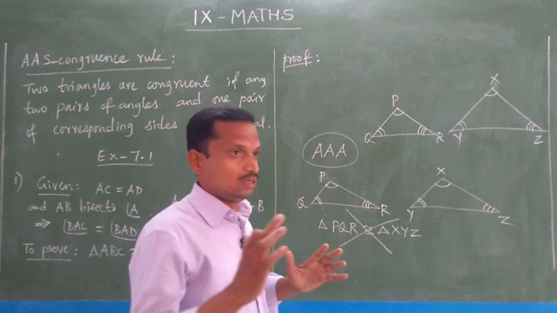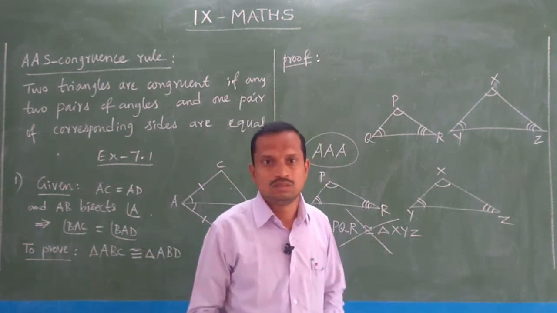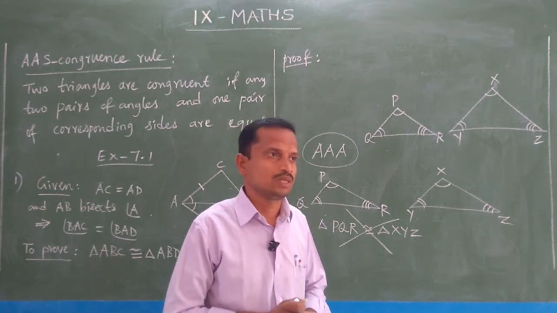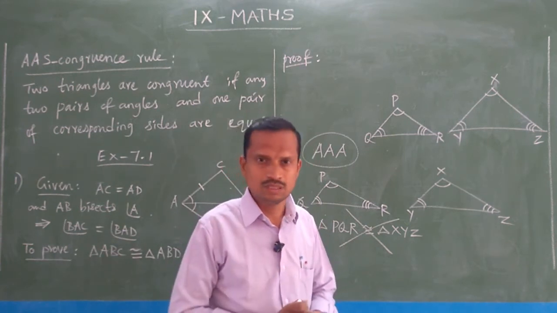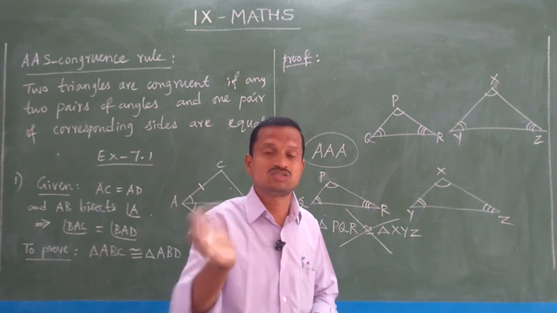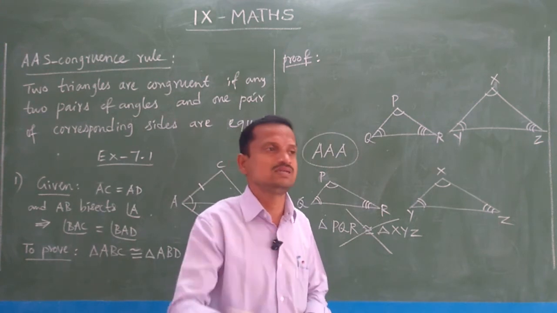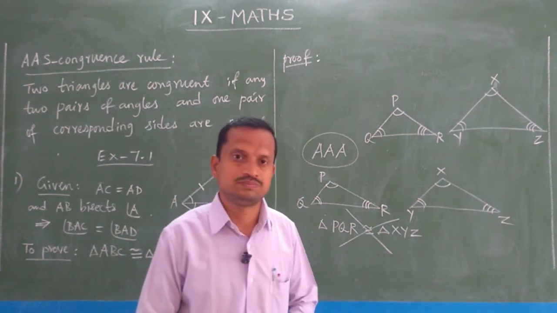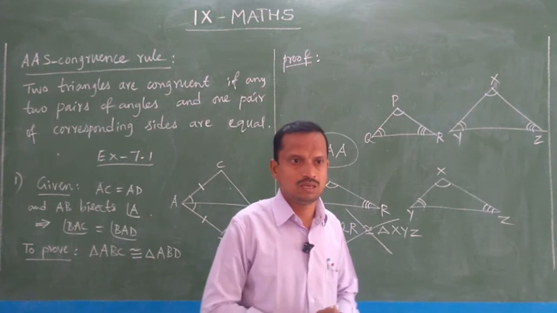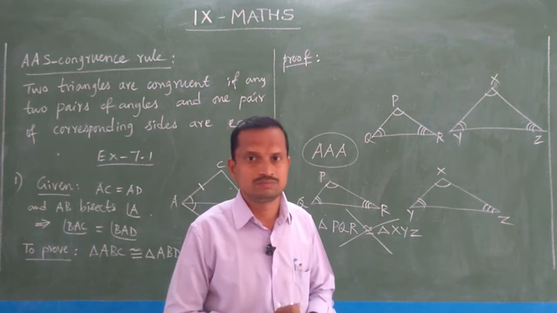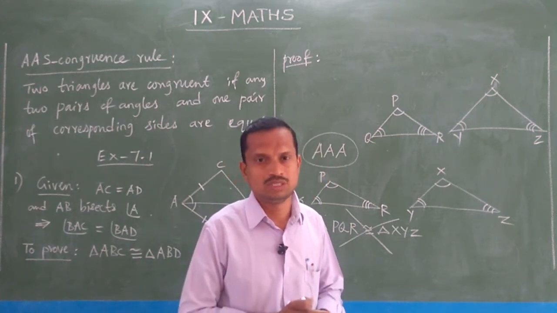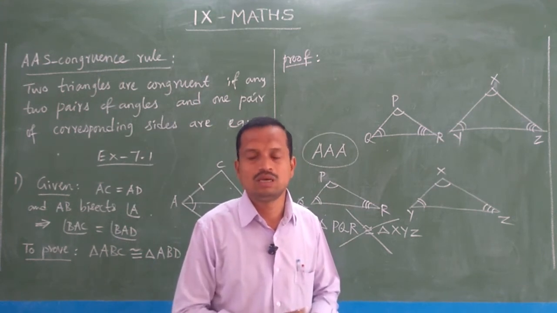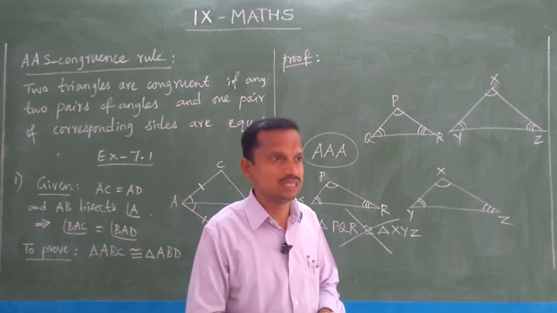The size should not be different. What is the definition of congruent? Whichever shapes, the shape and size should be equal. Then only we can say the shapes are congruent shapes. Clear? The size should not be different. They should be equal, then only we can say they are congruent.